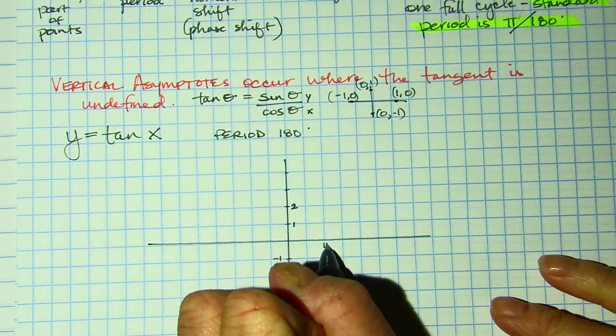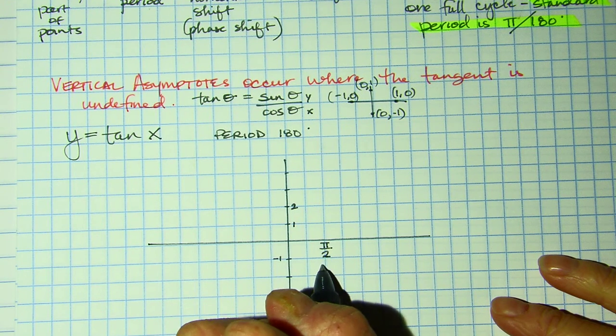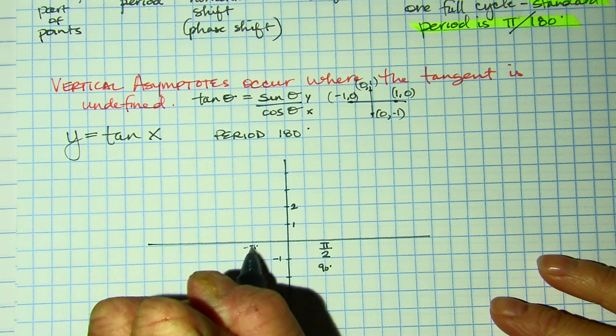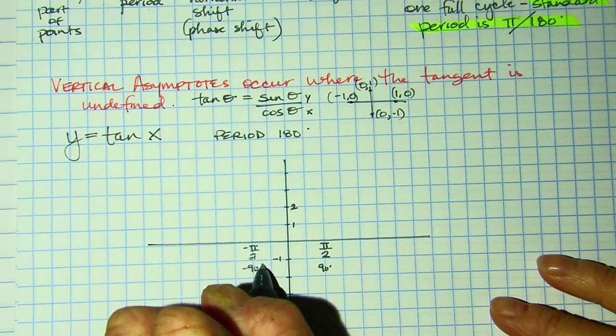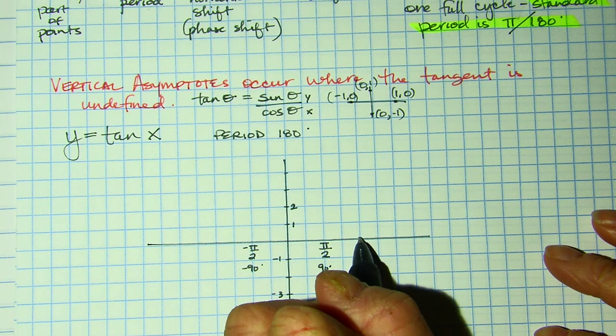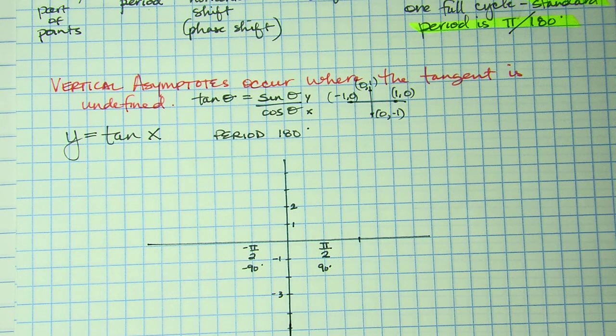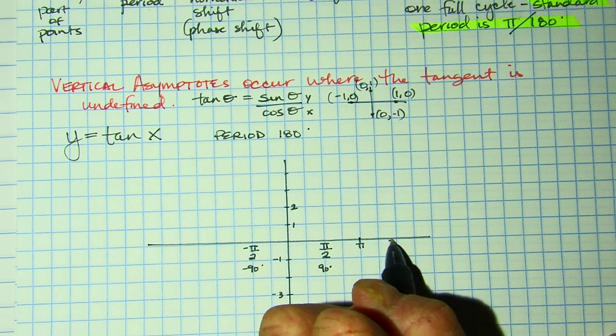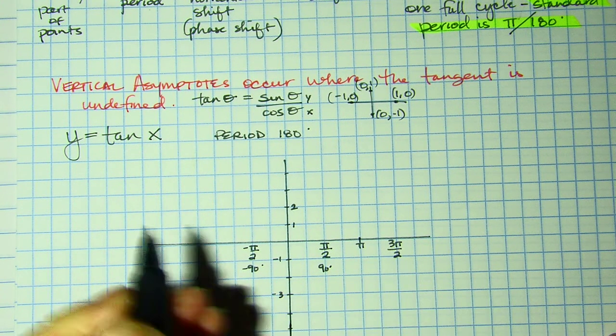So this is pi over 2, which is also 90 degrees. And over here would be negative pi over 2, or negative 90 degrees. This would be pi. This would be 3 pi over 2.